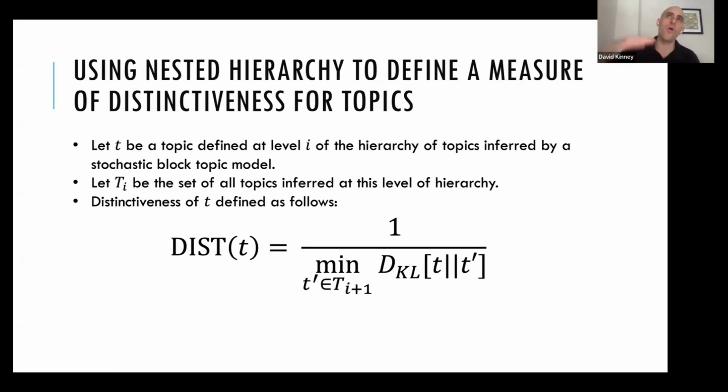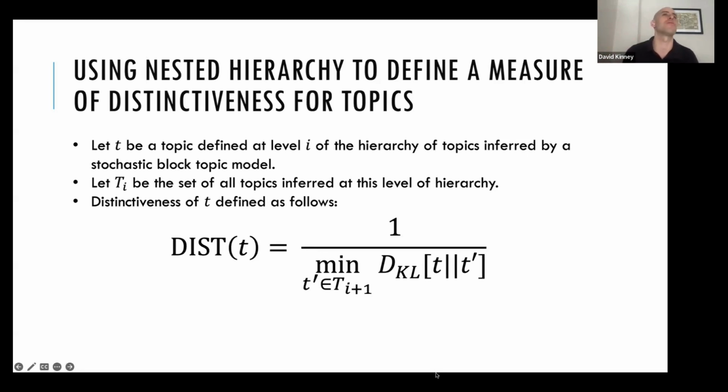It's distinctive in the sense that as we go up in the hierarchy, we're not seeing this topic being combined and diluted by other topics in a way that would lead to divergence between that topic at the lower level and any topic that exists at the higher level. Now, you might think, what if a topic is perfectly preserved at the higher level, such that this denominator will be 0?